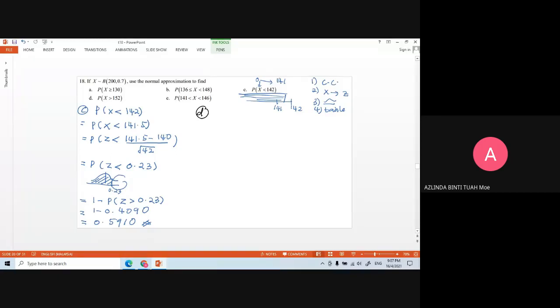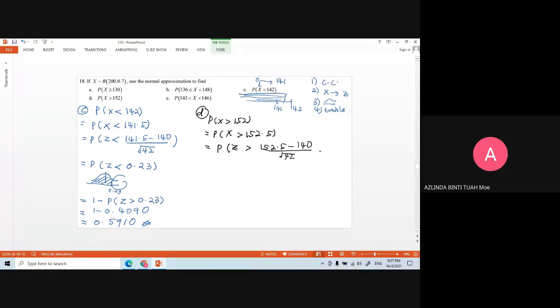Silky, P X greater than 152. Continuity correction. Dia tambah 0.5 je, jadi X greater than 152.5. Okay. Convert to Z. Z greater than 152.5 minus 140 over square root 42.